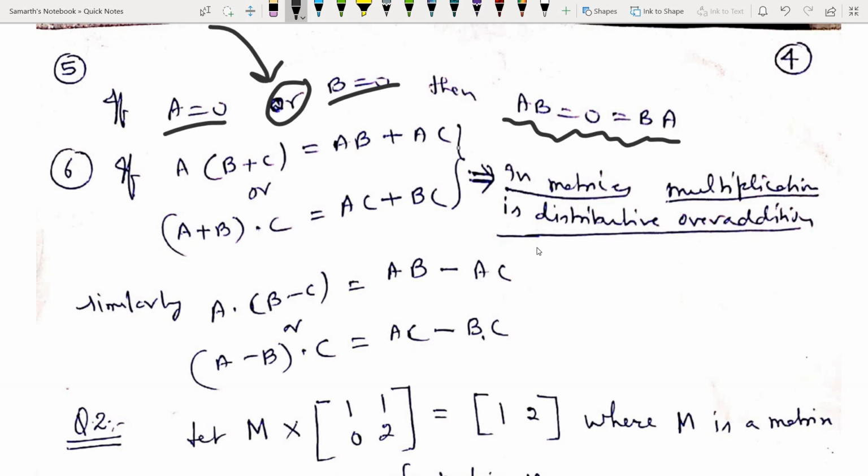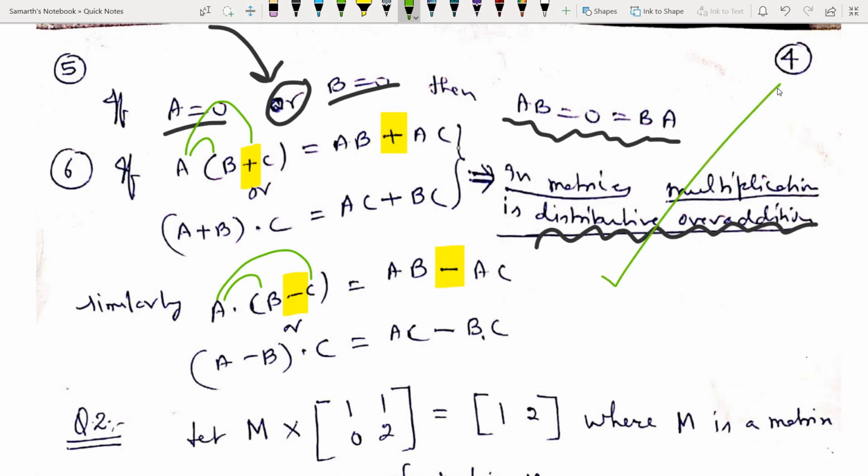Now, coming to the sixth property: in matrix multiplication, the distributive law is applicable over both addition and subtraction. That is, if A, B, C are three matrices, then A(B + C) = AB + AC, and (A + B)C = AC + BC. Similarly, A(B - C) = AB - AC, and (A - B)C = AC - BC.